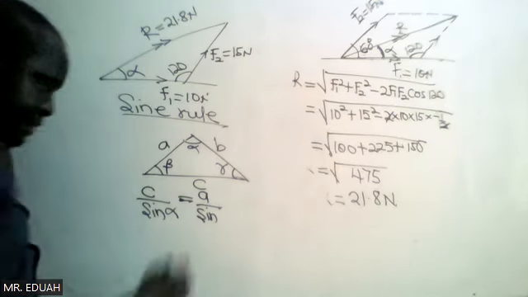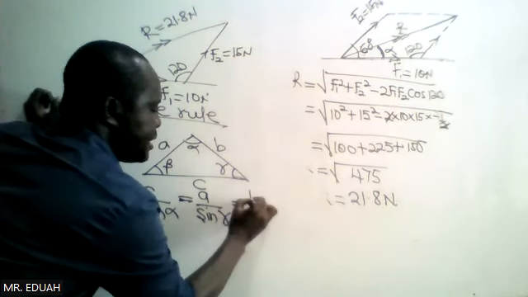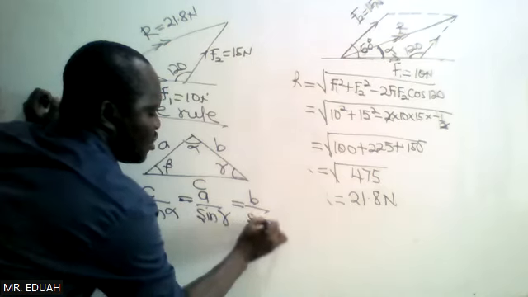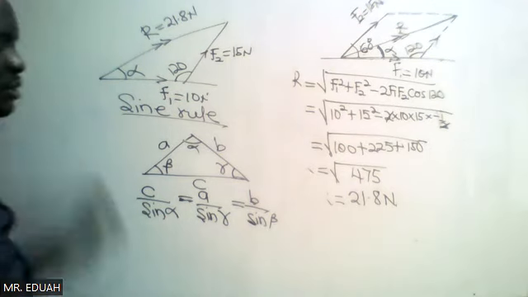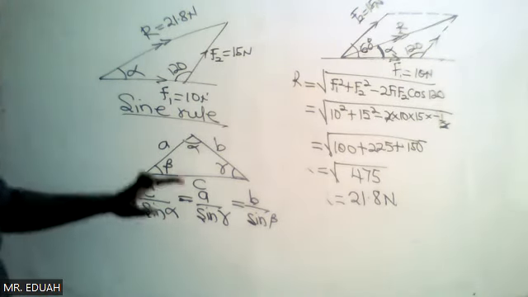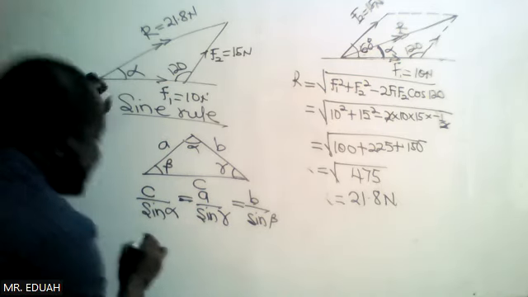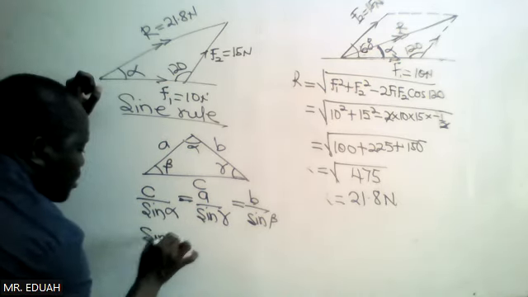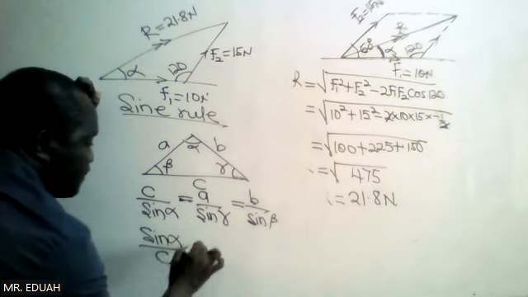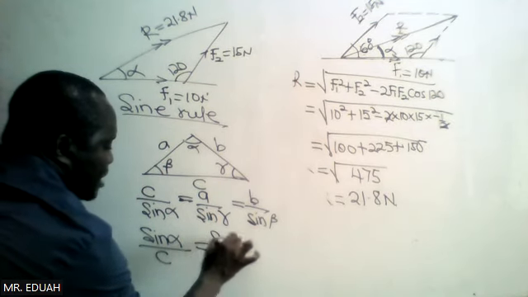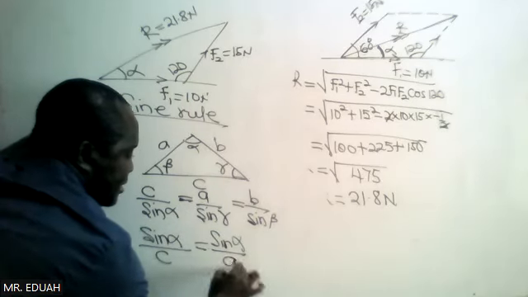Gamma is equal to B over the sine of the angle opposite to the side B, beta. So either you take the ratio of the side to the sine of the angle opposite to it, or the ratio of the sine of the angle to the side.